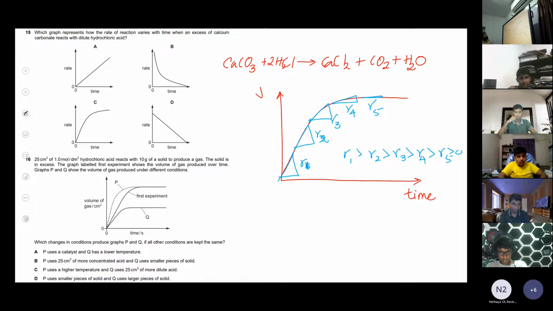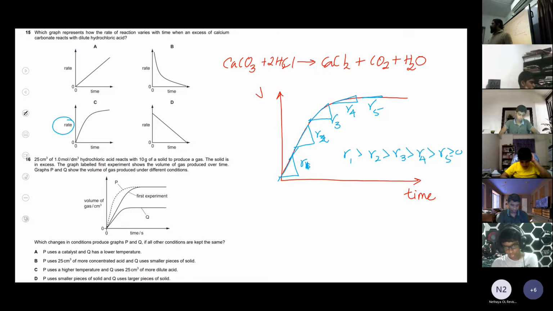Let's see the rate in C. Rate is the gradient here. What happens to the gradient with time? What happens to the rate? The rate is going to decrease. Now you have two options. What are the two options? Right, B and D. Now look at D. D says the rate decreases straight away. Is it possible or not? Normally it fluctuates, right?